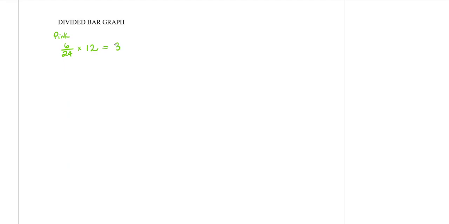That makes exactly 3 centimetres. Then purple is going to be 2 out of 24 times the 12. We're timesing by 12 because 12 is going to be how long the bar is that we're going to draw.